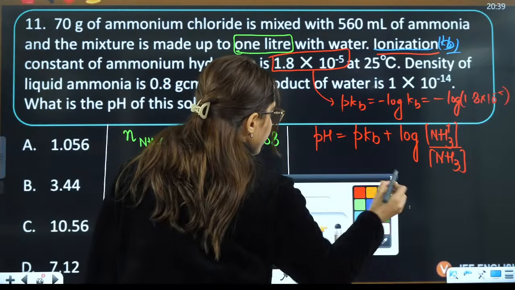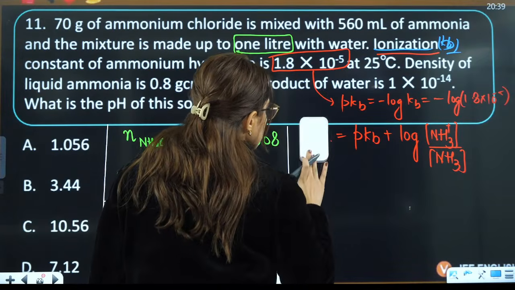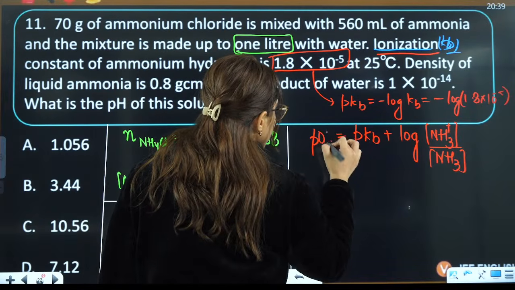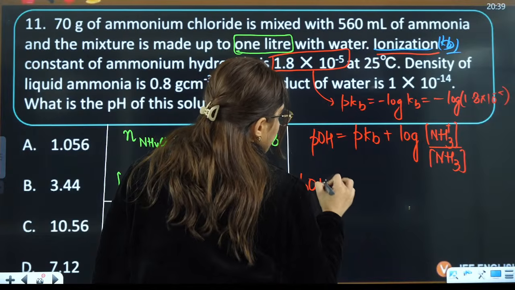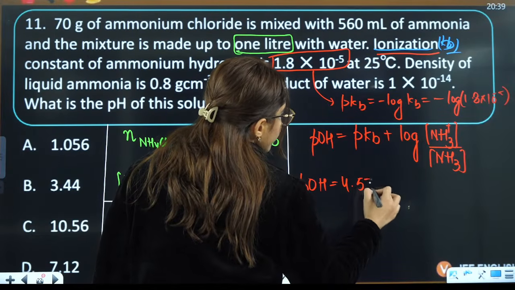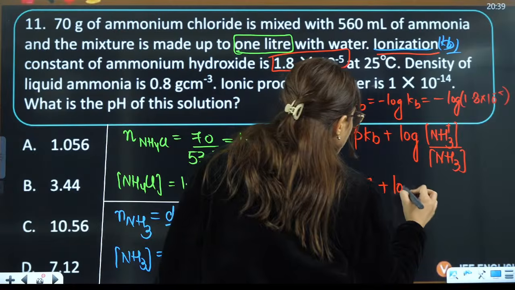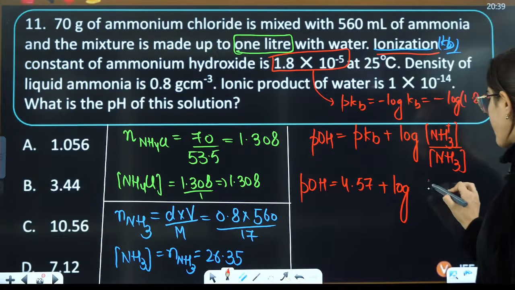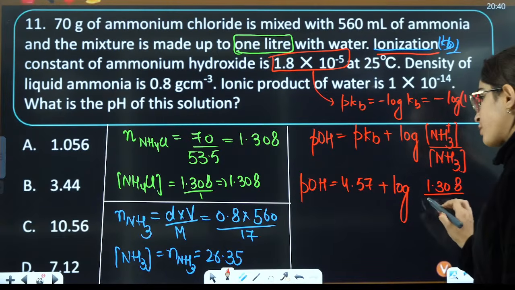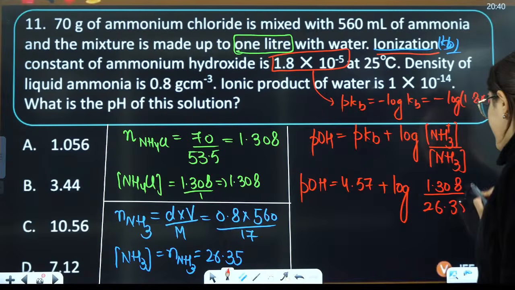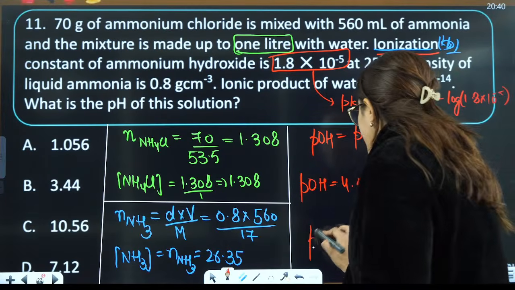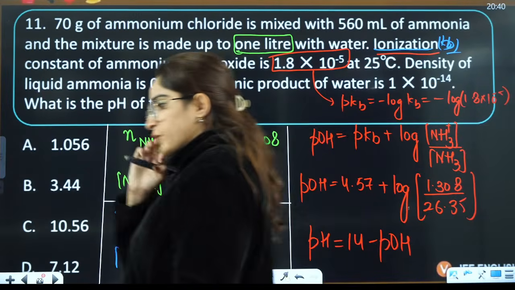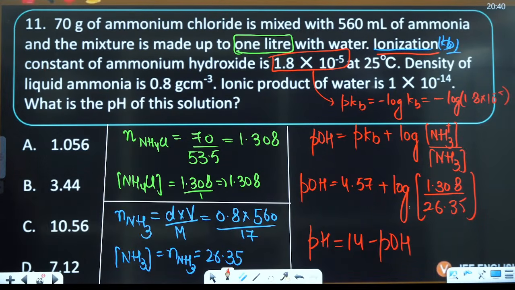So after solving, this is not pH, this is going to be pOH. After solving it will be 4.57. You'll put the values here and then only the calculation is left. NH4 is 1.308, NH3 is 26.35. Solve this, and then pH is going to be 14 minus pOH. That is going to be the answer here. Right? Okay.